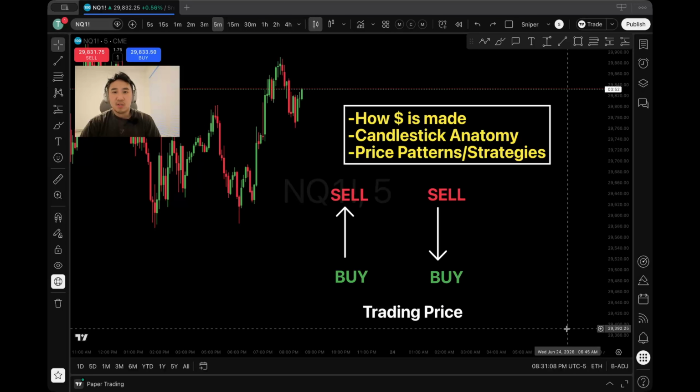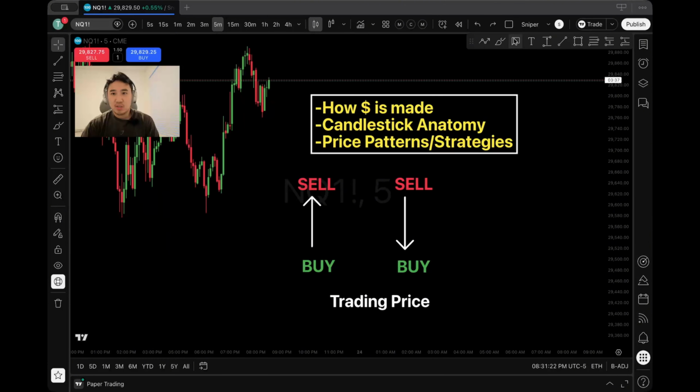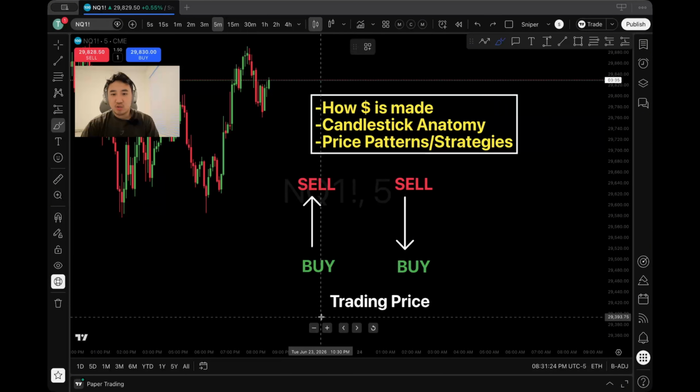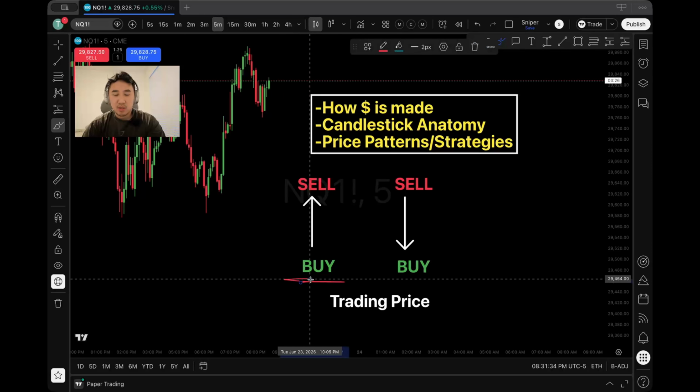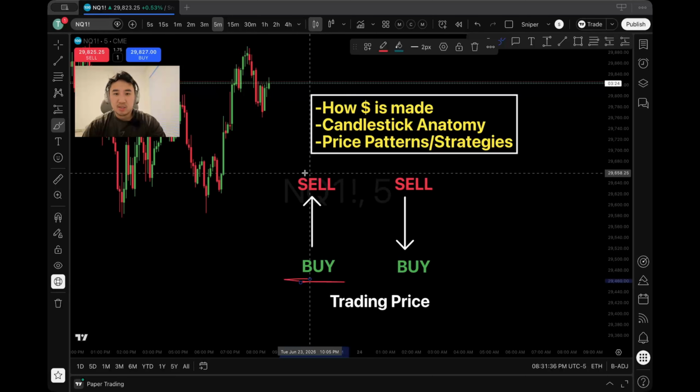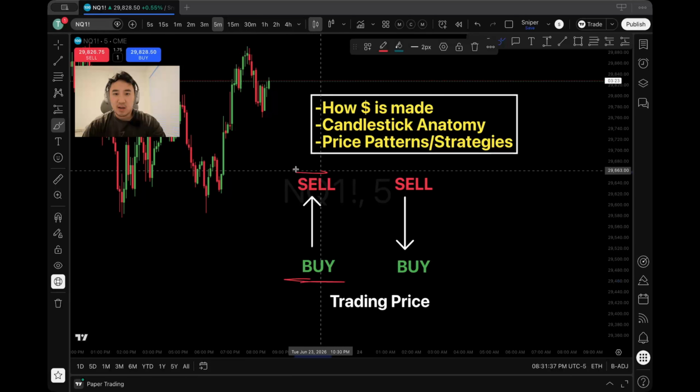point in time. When you're trading the futures market, what you're essentially doing is you're just trading price, right? So you're just trading the price of a certain thing, whether that be gold, silver, or let's just say Nasdaq. You can make money by buying something at a lower price and then selling it at a higher price, and you profit off that difference.